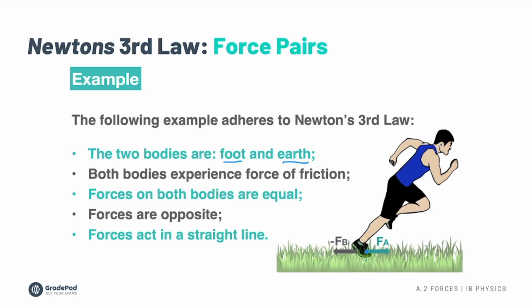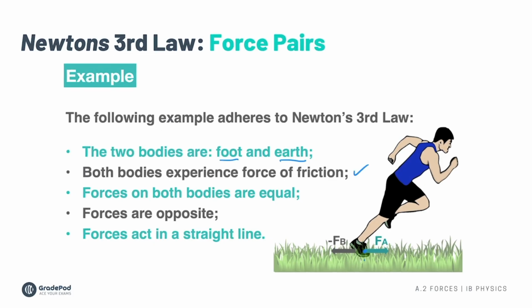The force acting on the foot is friction. The force acting on the earth is friction. So yes. The third rule was, are both forces equal in size? Yes, they are. The fourth rule was, are they opposite in direction? Yes, they are. And the fifth rule was, do they act in a straight line? Yes, they do. So this person running on the earth is an example of a Newton's third law pair.